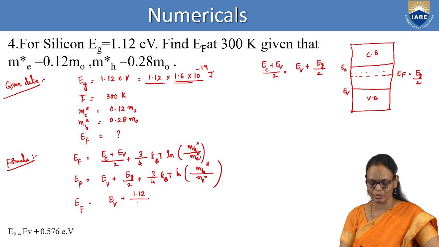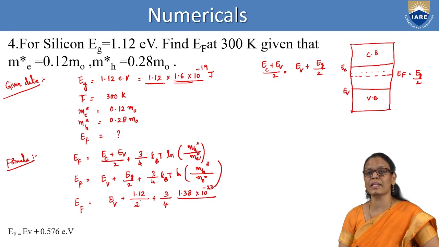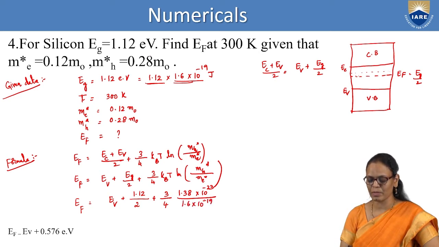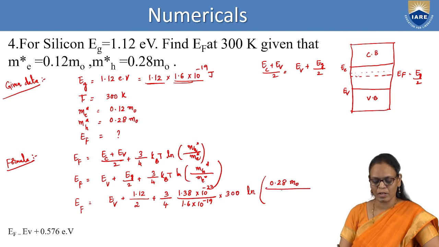So 1.12 by 2 plus 3 by 4. The value of KB is 1.38 into 10 power minus 23. Because I have kept this in electron volt, I will write this value of KB also in electron volt by dividing it with 1.6 into 10 power minus 19, into temperature. Temperature is given as 300, ln mH is 0.28 m naught and me is 0.12 m naught.